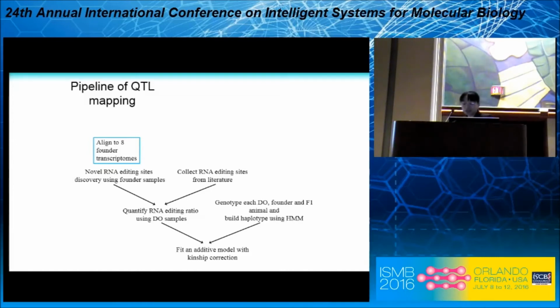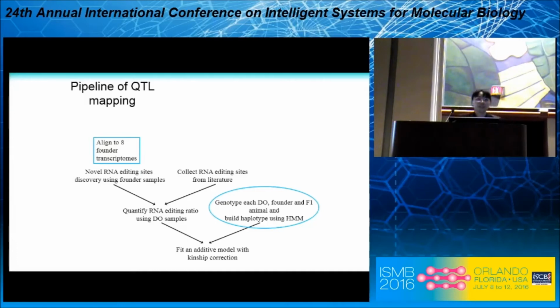And for the haplotype, we used the HMM algorithm. So we not only genotyped each DO mouse, but also the founder and F1 animals. Using the founder and F1 animals, we built the emission probability matrix for each state and used a consistent transition probability matrix and did a forward and backward HMM.